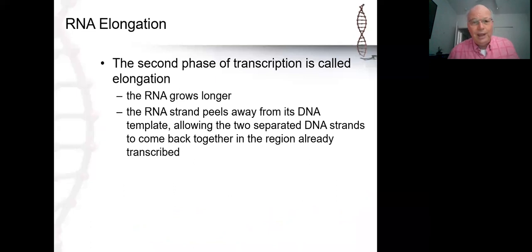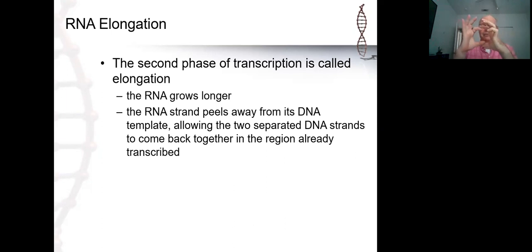Then the longest phase of transcription, elongation, is simply a continuing opening up of the DNA by the RNA polymerase and a continuous copying of the template strand. As the DNA exits the RNA polymerase, it immediately snaps back together and rewinds again because it no longer needs to remain open.